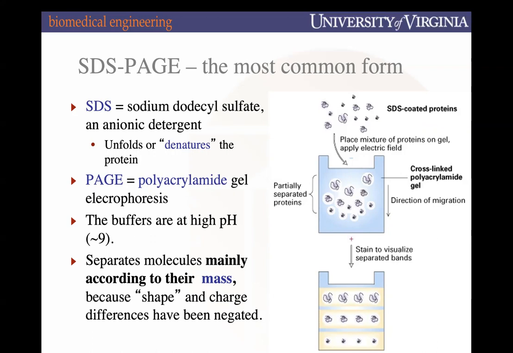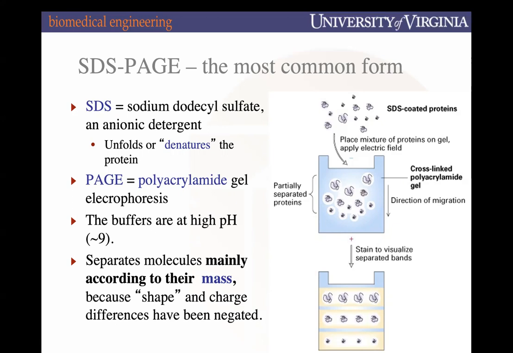Actually, it's not on the slide, but what you'll do, if any of you have the pleasure of doing a gel electrophoresis, is you'll heat denature your sample. And so that's one step of unraveling the proteins to open them up. Another step is putting your sample in this sodium dodecyl sulfate, or SDS buffer. What's key here is that this anionic detergent will bombard every protein with a negative charge.